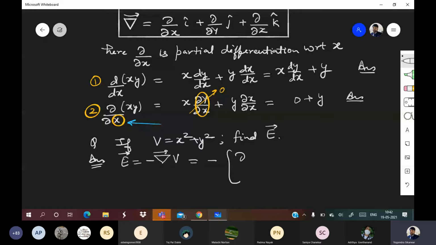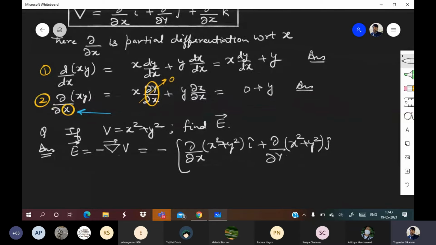Now pay attention. dou by dou x of (x square plus y square) i cap plus dou by dou y of (x square plus y square) j cap plus dou by dou z of (x square plus y square) k cap.